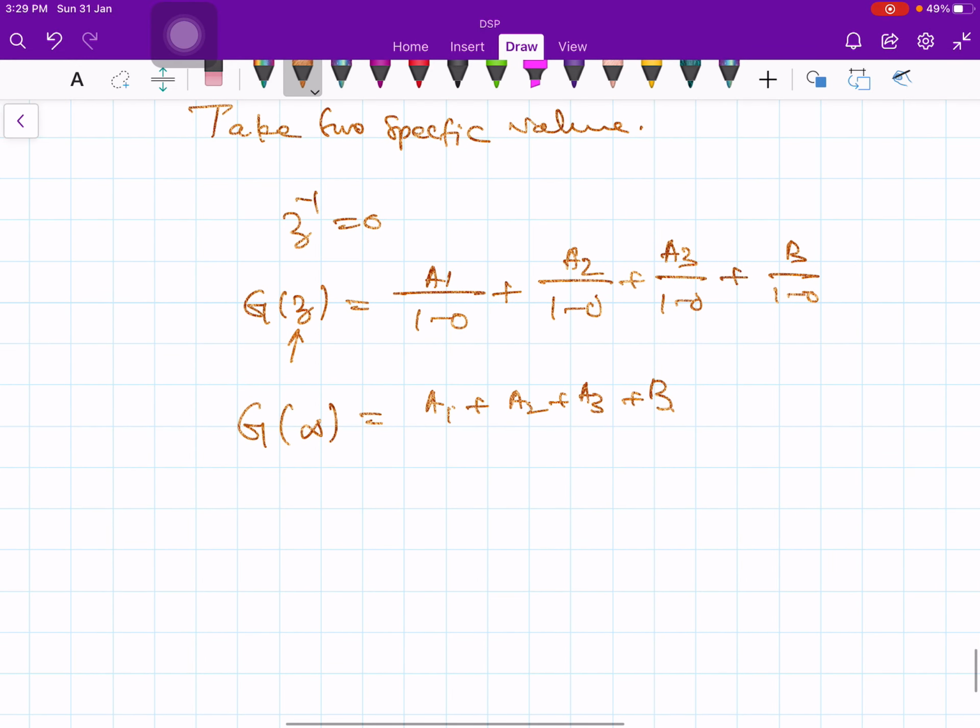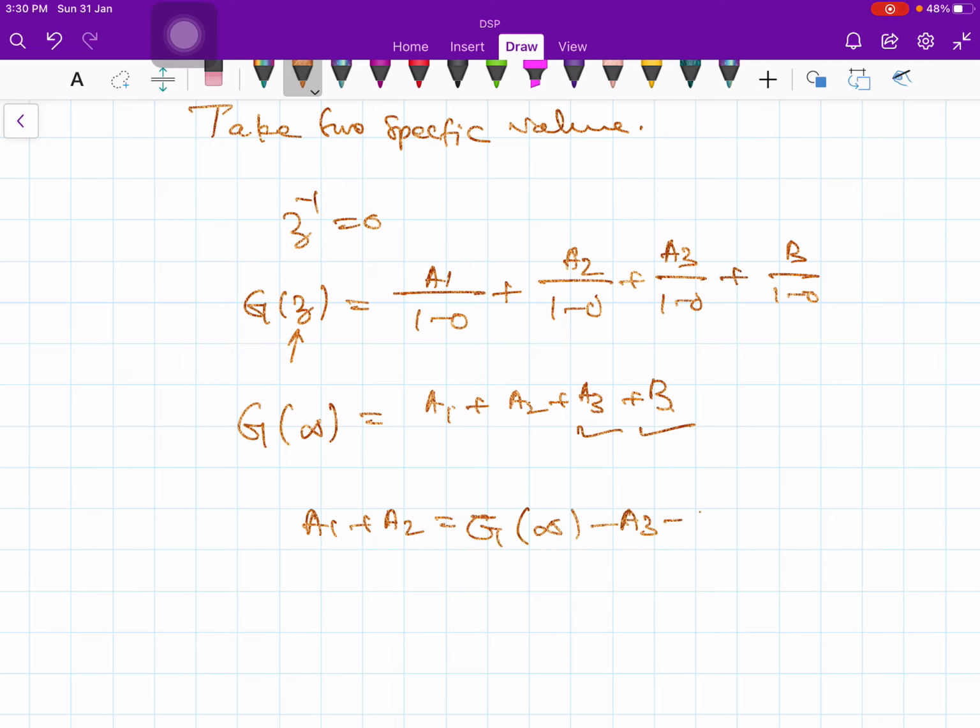In this, a3 is known and b is known. Therefore, a1 plus a2 is equal to G of infinity minus a3 minus b. I am sorry, I forgot the minus sign. So let me call this one equation, a linear equation.